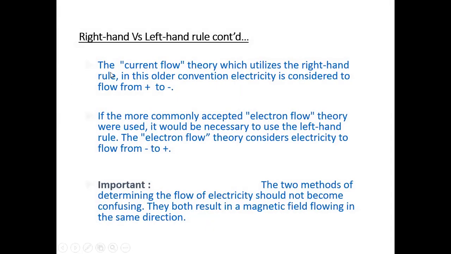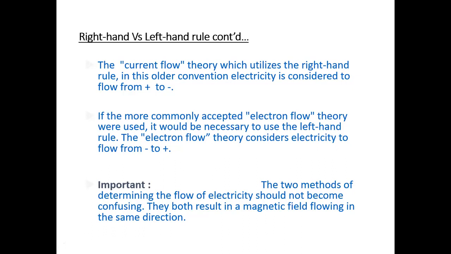Here we'll see the right hand rule with the current flow theory, and the older convention is that electricity is considered to flow from positive to negative in case of current flow theory, and in case of electron flow theory, we consider electricity to flow from negative to positive. Now, important thing here: the two methods of determining the flow of electricity should not become confusing.